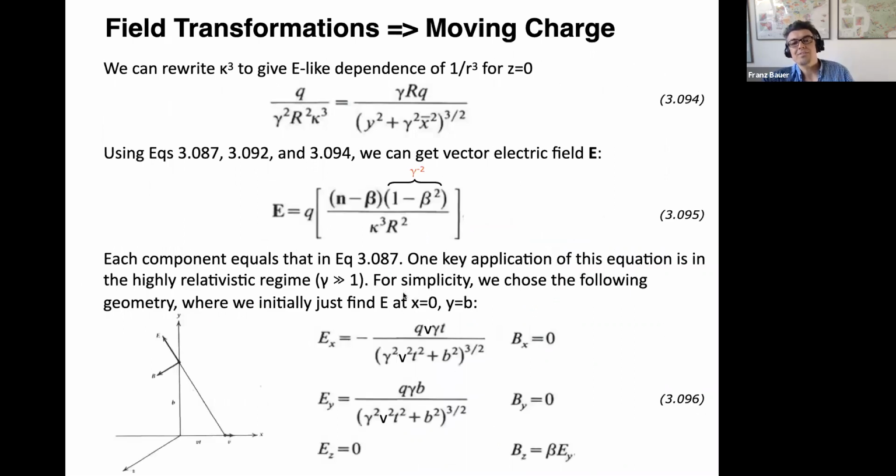So if we initially have x0 and we have y at some impact parameter b, then this is what this will end up looking like. And so you can start to see where we're going with this because we have this impact parameter, and we're now going to integrate over the impact parameter and so forth. And so we have a situation that looks now like this. We have the moving charge, we have this time delay, we have an impact parameter b, and we're looking at the E fields and the B field in this situation.